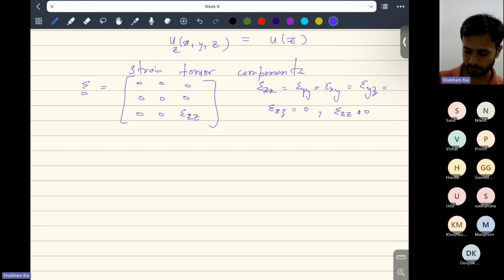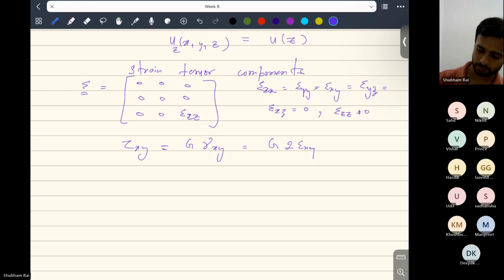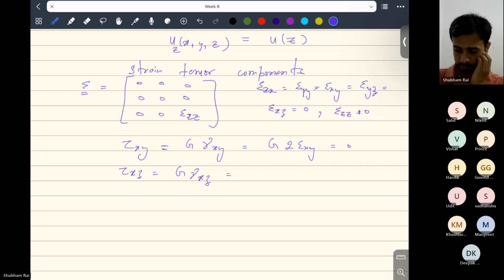From Hooke's law, you can conclude that tau xy is nothing but G into gamma xy. Gamma xy is nothing but twice epsilon xy. So epsilon xy is zero, that's why this will also be zero. So tau xy is zero, and similarly tau xz is G into gamma xz, and gamma xz is zero because epsilon xz is zero, so this will also be zero.